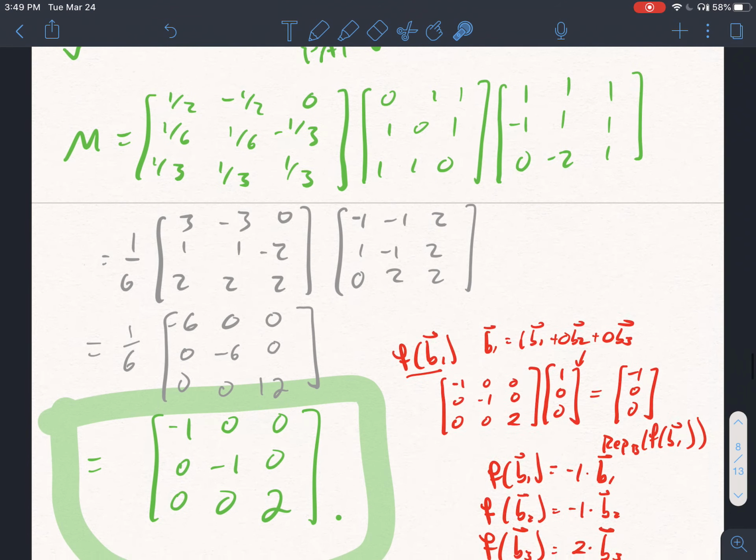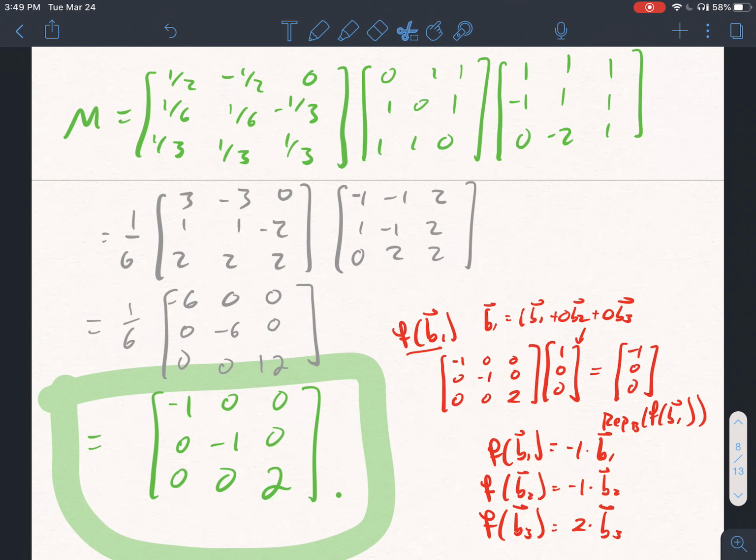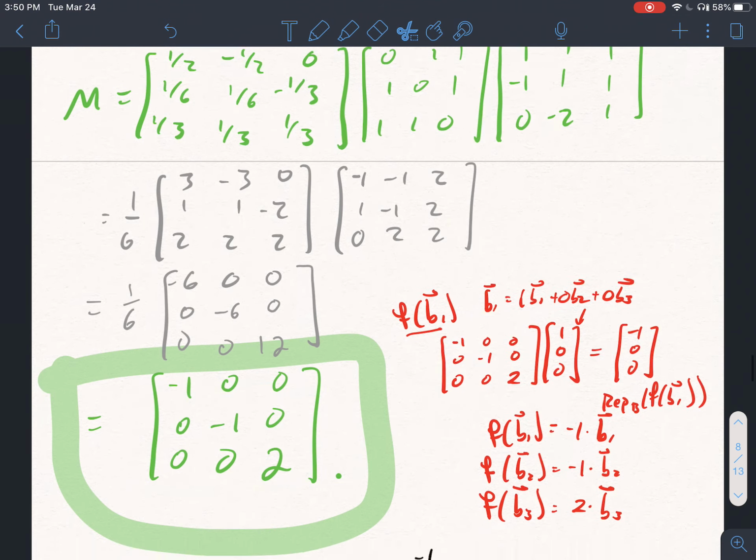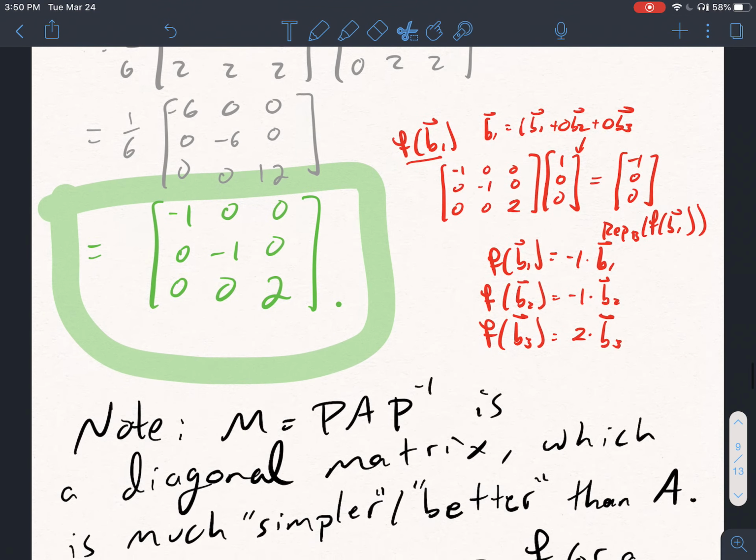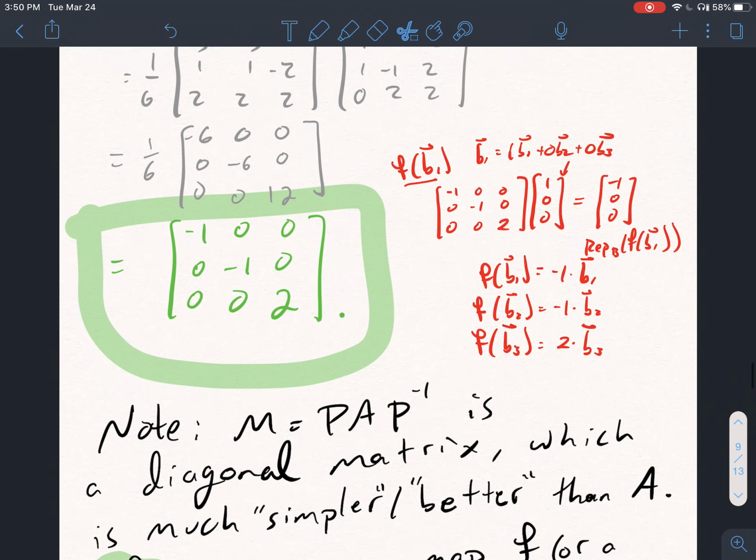And this is a lot nicer than our original representation. Our original matrix representation was this matrix right here. Compared to this diagonal matrix, this is a lot simpler or better than A.